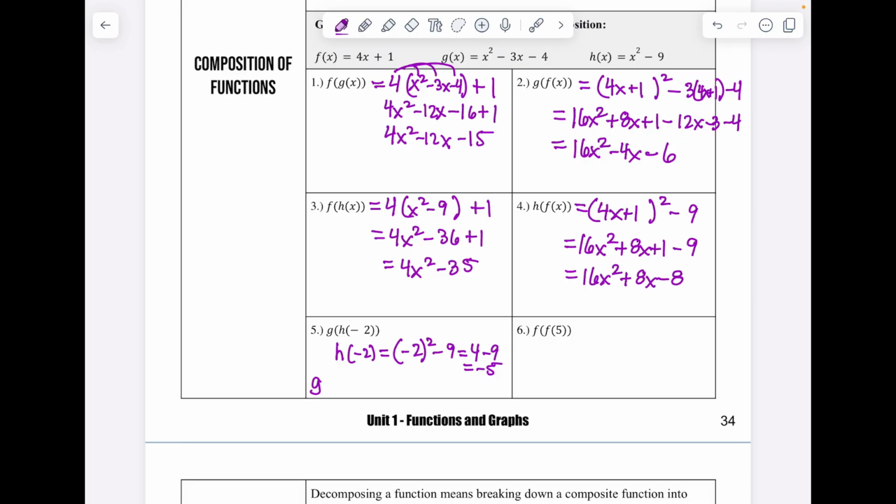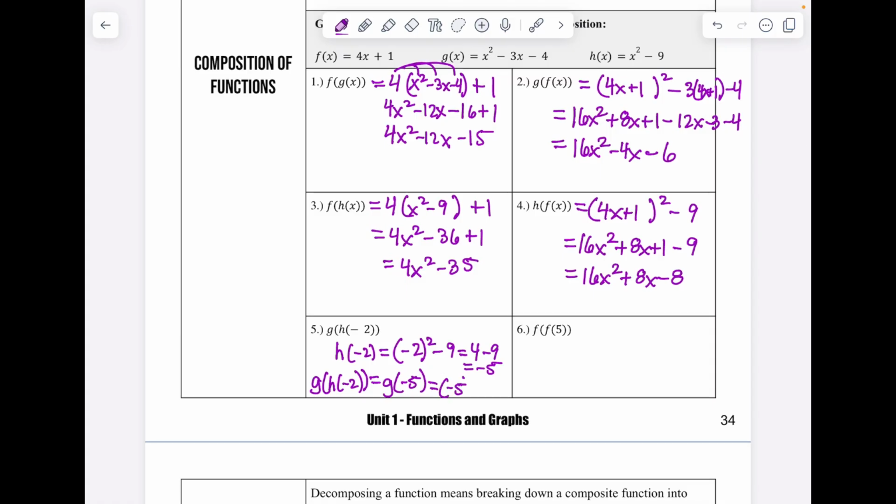So when they say g of h of negative 2, well, we just figured out that h of negative 2 was negative 5. So what they really mean is find g of negative 5. So function g says to take the input, square it, subtract from it 3 times the input, and then subtract 4.